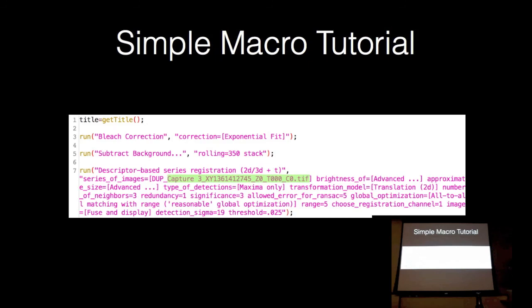Luckily there's a function in ImageJ which will tell you what the title is of the image that you've got open. So you call that function, get this variable title, and now I just want to replace this little bit with the title. That's literally all you do. You change some code here to insert the title into this command. And now I've got this general script. I can hit run and it will do these three things in order.